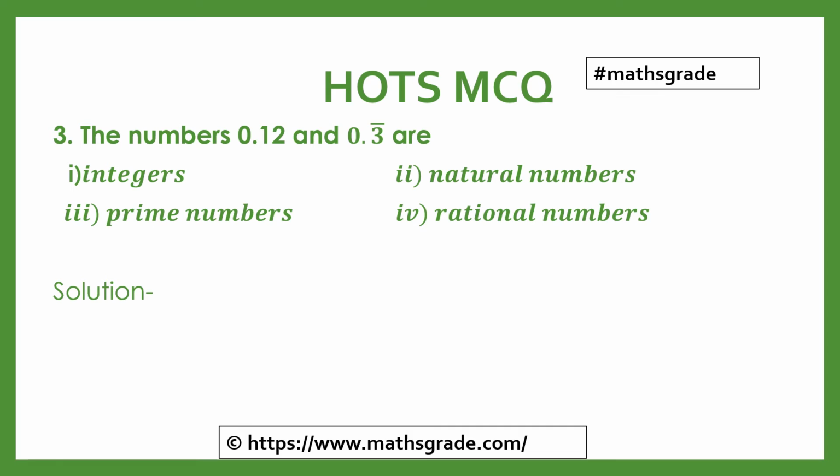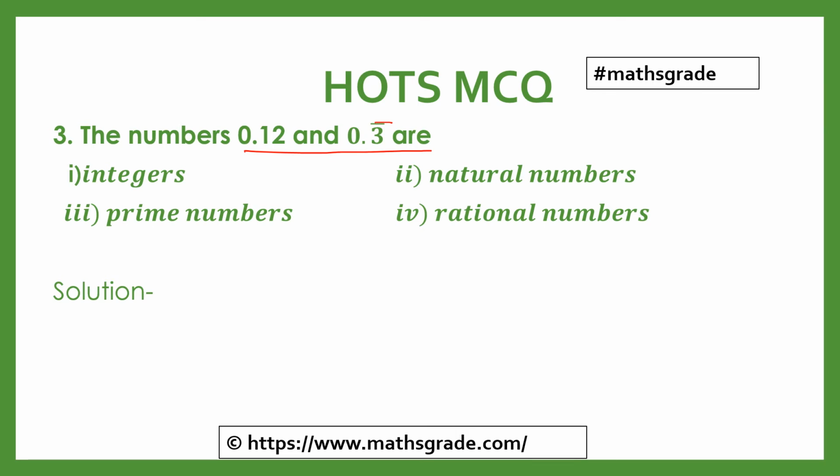Now question number 3. The numbers 0.12 and 0.3 bar. This is the symbol bar. Above the 3 there is a horizontal line, and this is called 0.3 bar. 0.3 bar is a repeating decimal.